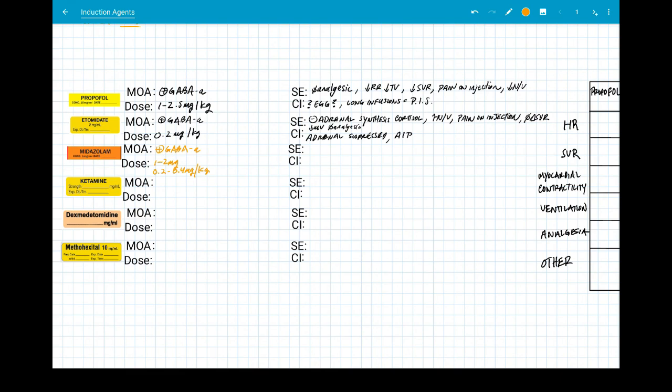And of course, side effects are going to be the same. It will decrease your minute ventilation, but it's a lot less than propofol and etomidate will. It has no analgesic properties. And your SVR may or may not go down.